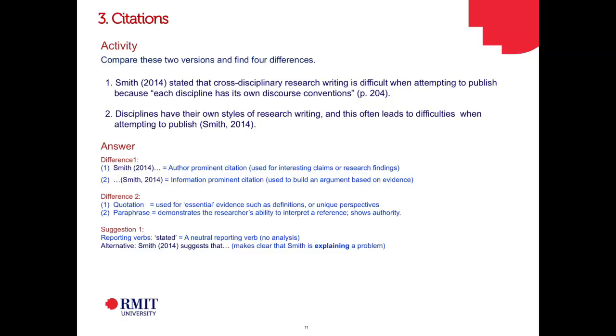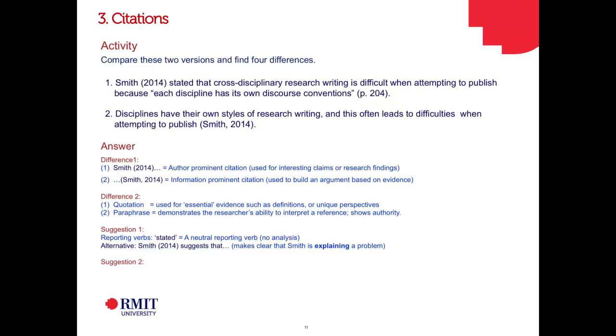And often we use the word suggests when we're paraphrasing discussion sections from research articles or theses. So using a simple reporting verb like suggests shows that you've analysed what Smith's intention is.